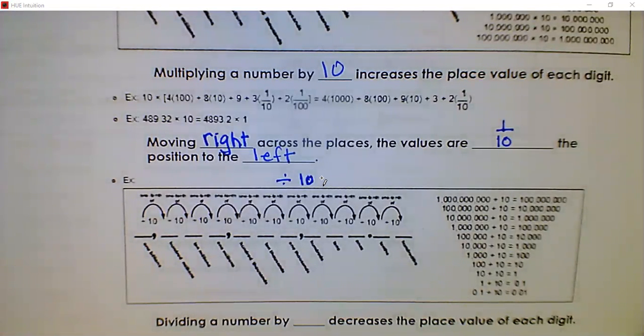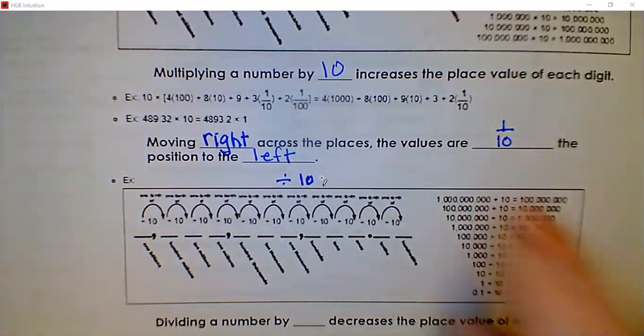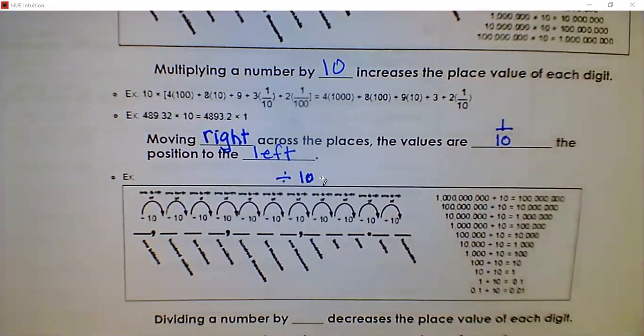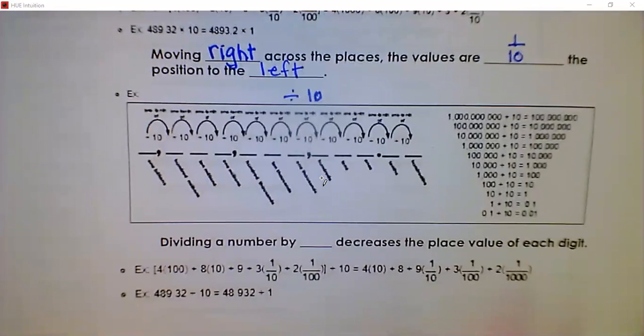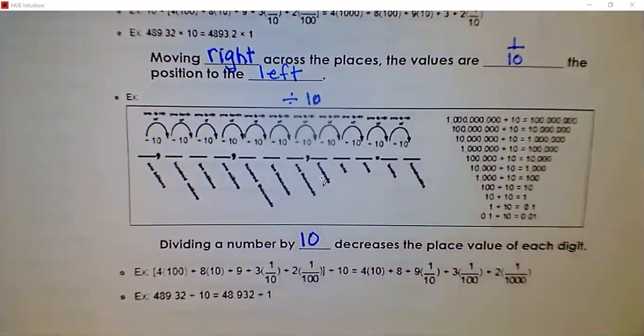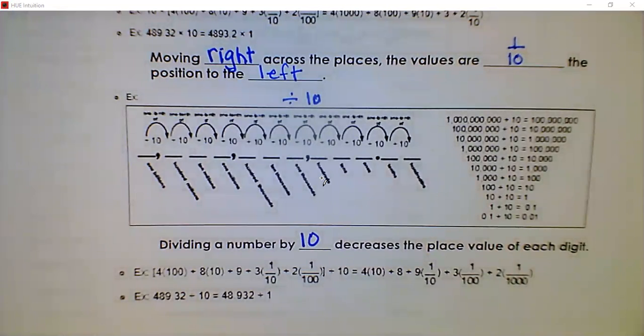When we divide by 10, if you look at it in a fraction value, this is simply going to be the number that you're dividing over 10, which is how it is 1/10 the value. So when we divide a number by 10, it decreases the place value of each digit.